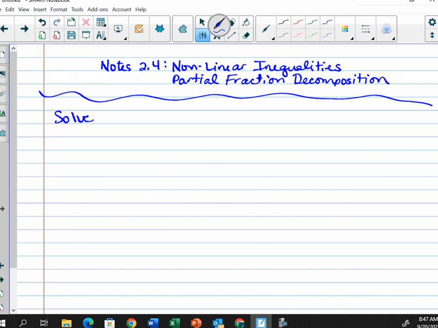All right, so we're going to start by solving some nonlinear inequalities. x minus 3 quantity squared times x plus 2 times x plus 4 cubed is greater than or equal to 0.